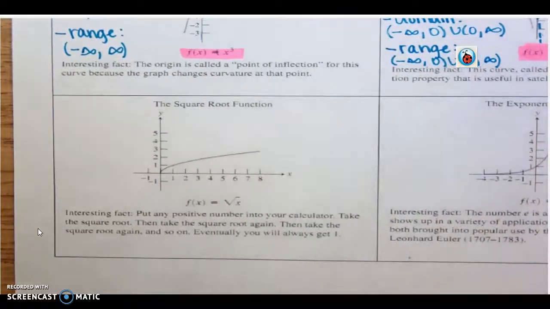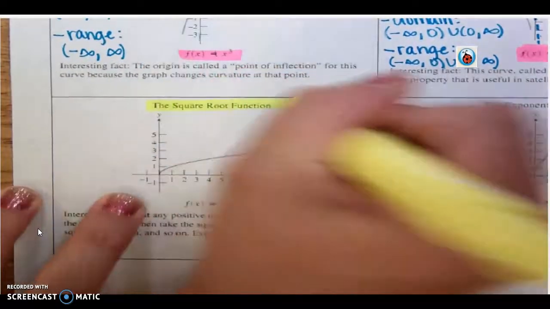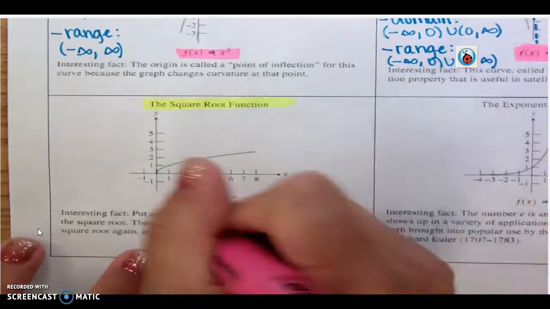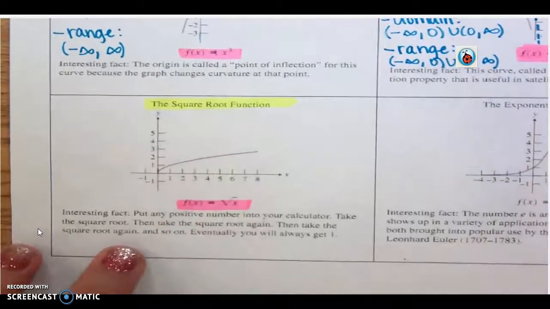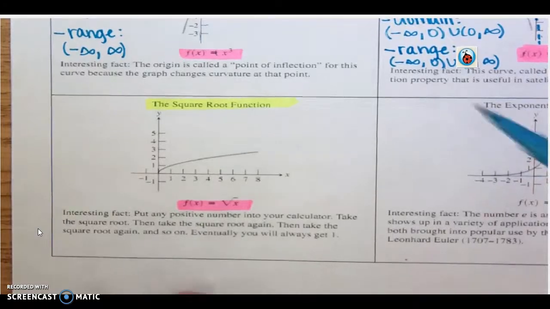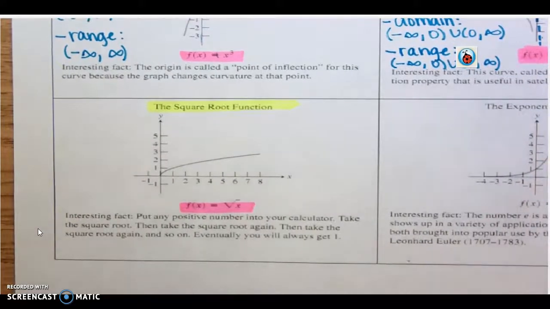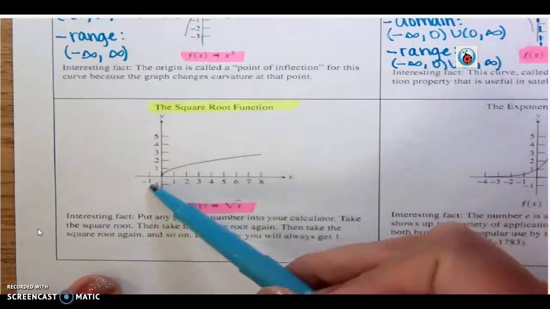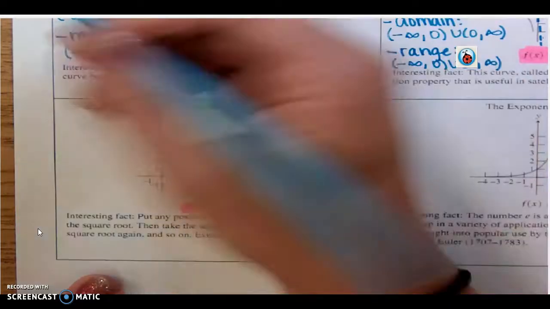Okay, so then we're going to look at the square root function. For the square root function, this is f of x is the square root of x. Okay, to figure out if it's continuous, it is continuous here. I know it doesn't go down here, but with the graph you have, it is continuous.